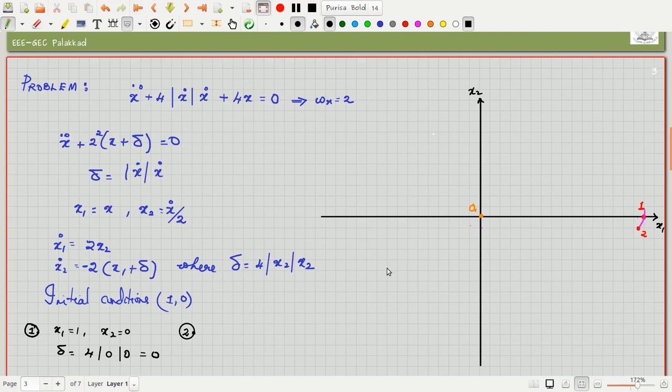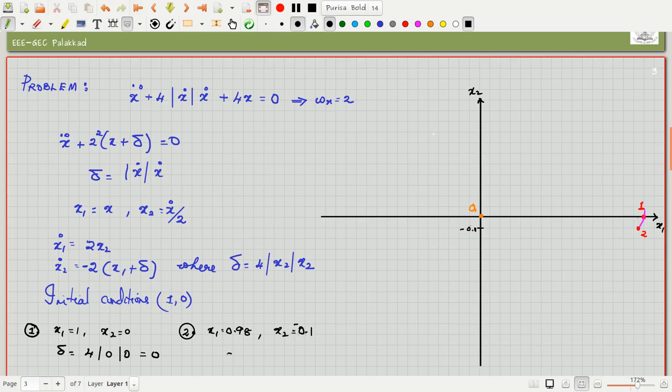So what would be the value at this point? Let the x2 value be equal to 0.1. So it is minus 0.1. At 2, x1, I'm not bothered what the value would be. It is something like 0.98. So x2 is, let it be, minus 0.1.